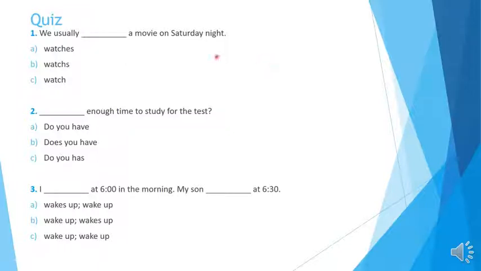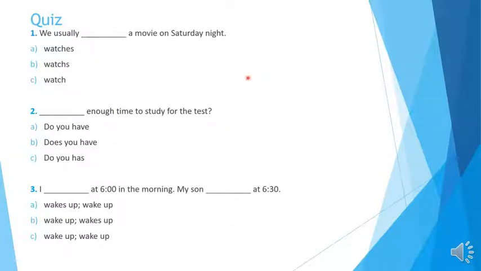Simply you can put number 1 and write A, B or C. Later on we can correct your answers. Okay, right. So let's get started. Hope you are ready with a pen and a paper or pencil and a paper. Ready? If not, pause the video for a while and then get ready.